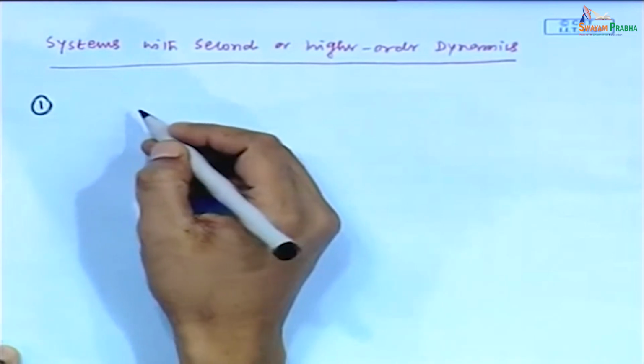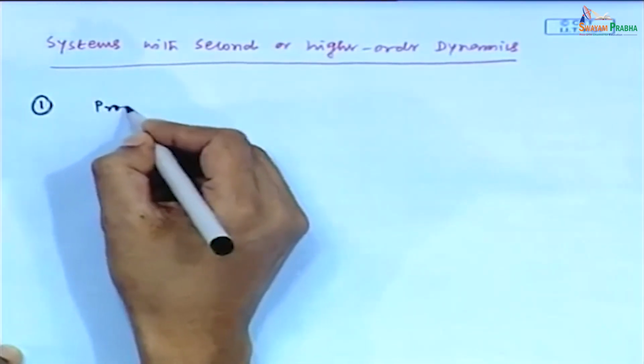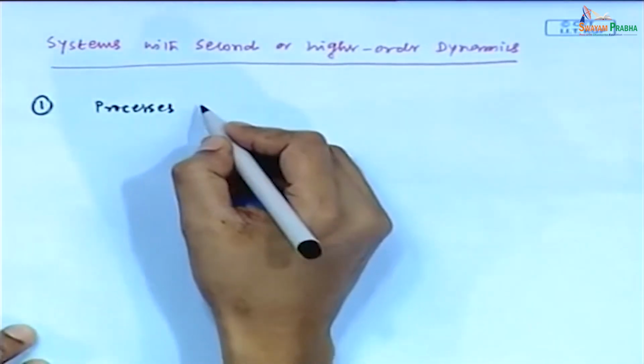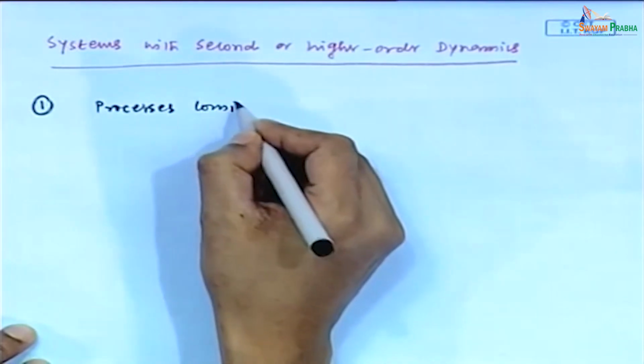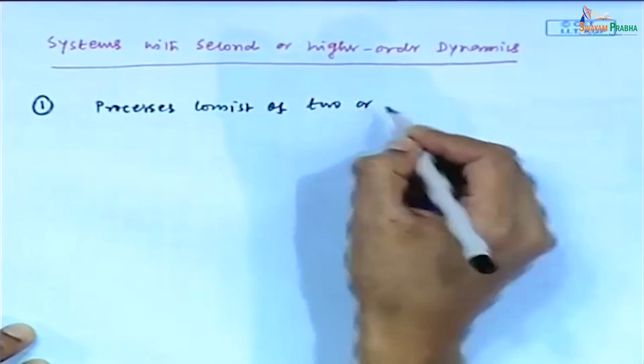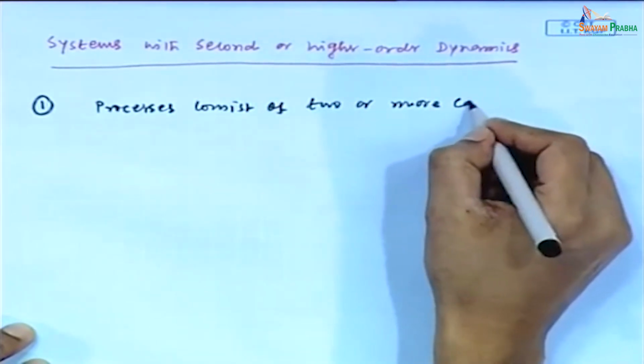So, this is the first option. By this way we can get the higher order dynamics. So, under this category, the processes consist of two or more capacities.